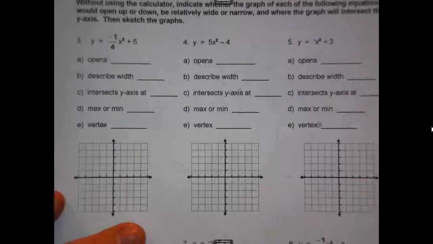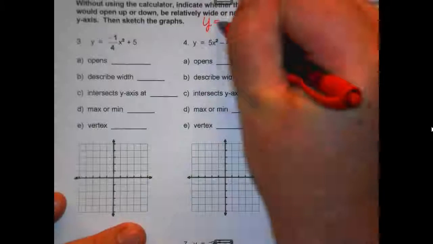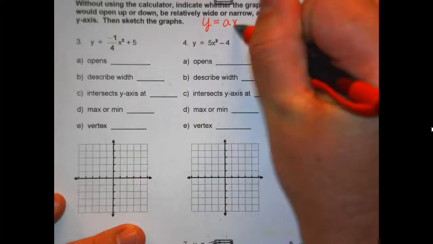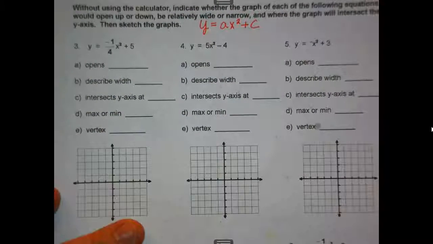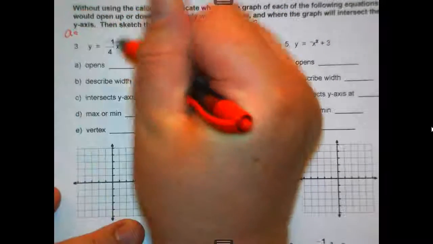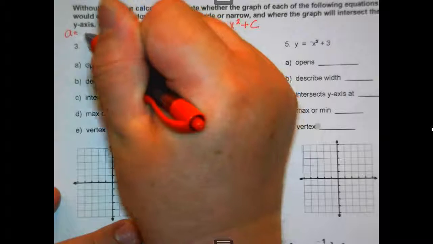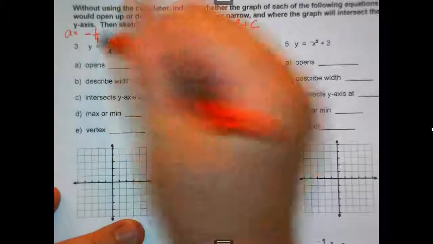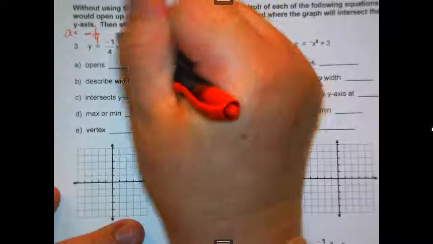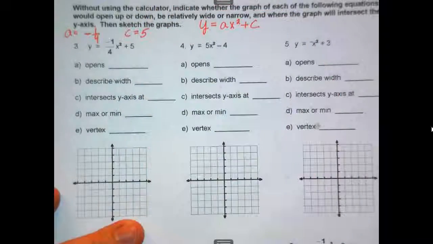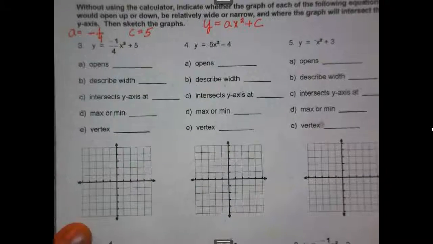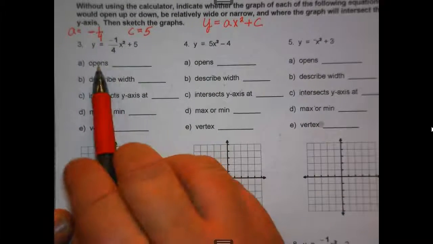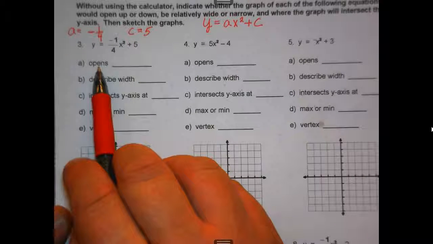A couple of things about, now remember, we're using y equals ax squared plus c. Okay, now here my a is what? Negative 1/4, right? And my c equals 5. Okay, so let's look at the a here. Is this going to open upwards or downwards?